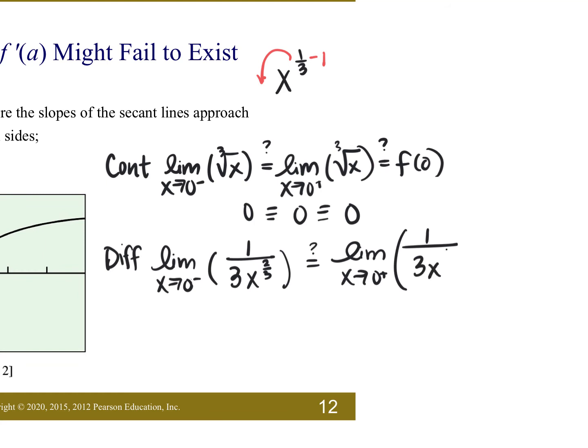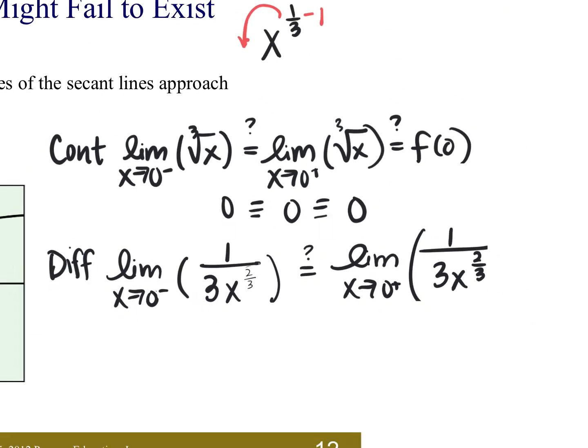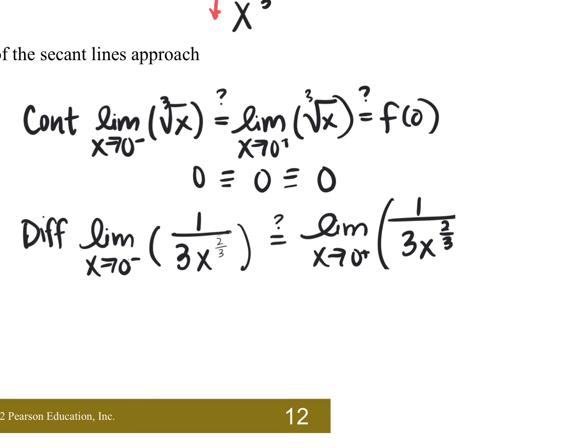1/3 x to the 2/3. We're going to get a version of infinity for both of them. Okay, what version of infinity do we end up with? This is really interesting mathematically.